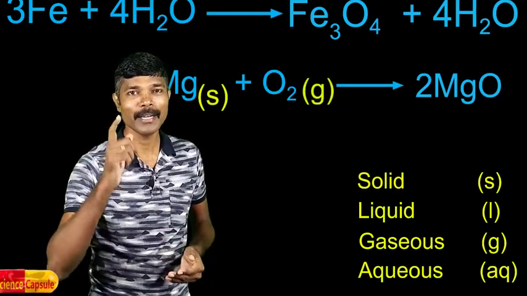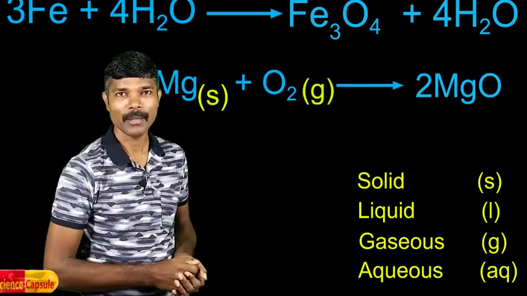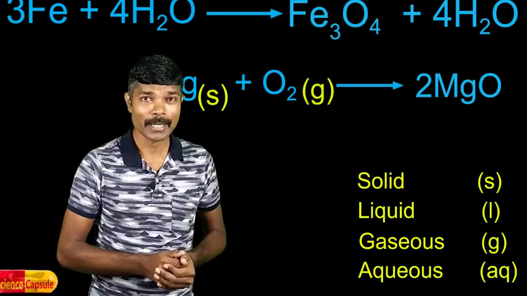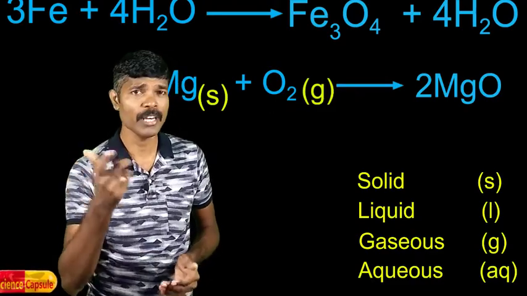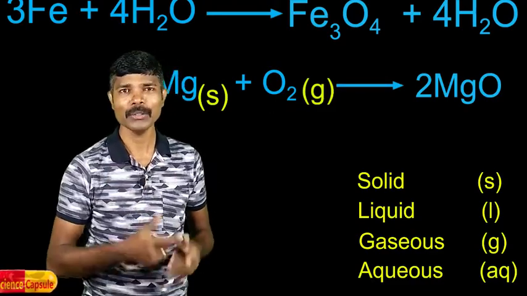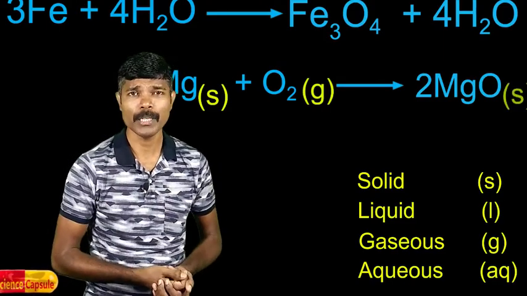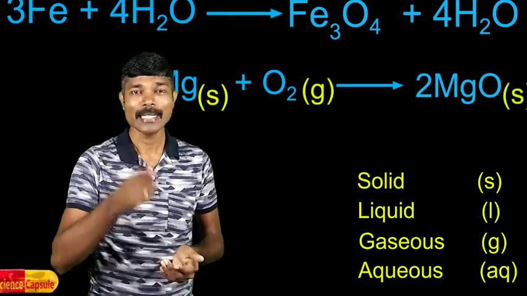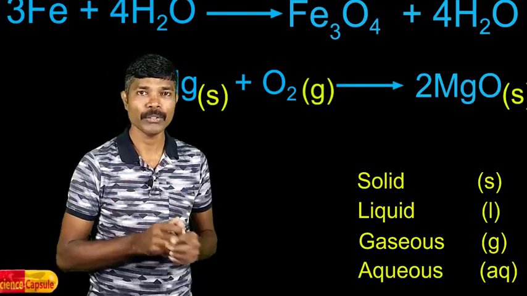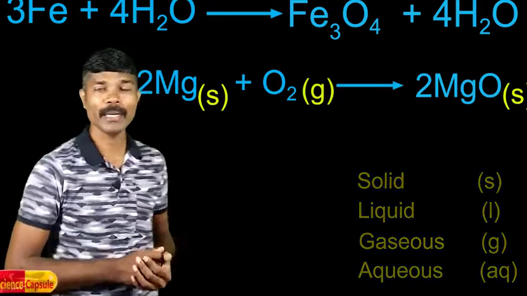Finally, we get the product magnesium oxide, which is powdery in nature, solid in nature. So there also, under the subscript of magnesium oxide, we should write the state symbol for solid within parentheses. This way we can complete the chemical equation.